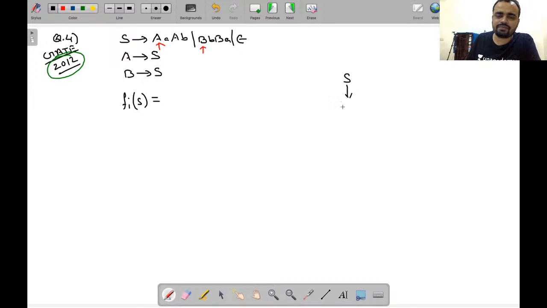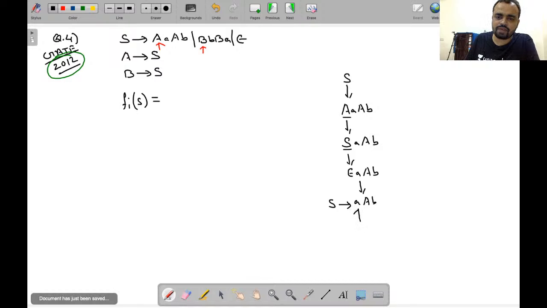We can derive from S to AA, AB, yes or no? And from S you can derive to SA, AB, and this S can be reduced by epsilon to epsilon A, AB. So ultimately it will become AAB. So ultimately you are deriving from S to AAB.